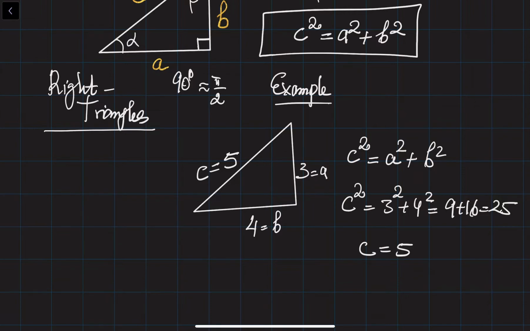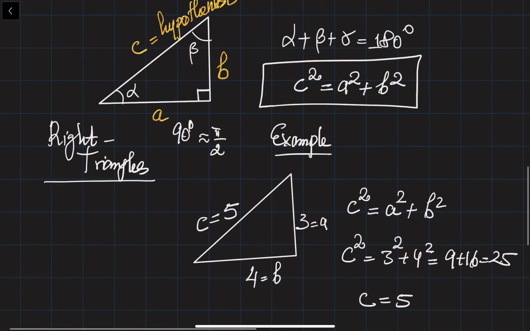In ancient Egypt, people used this theorem, this equation, in order to build buildings, because whenever you build buildings, it is really important to have right angles, or angles of 90 degrees.